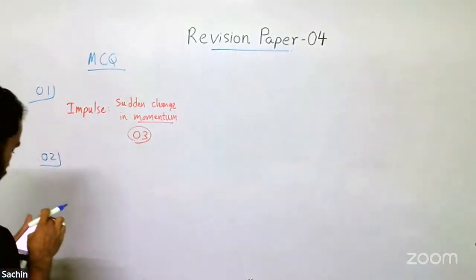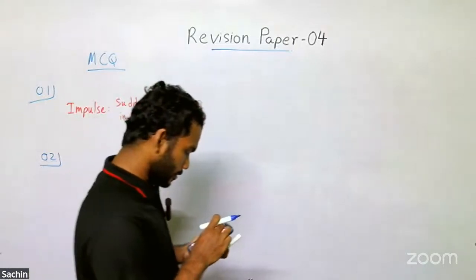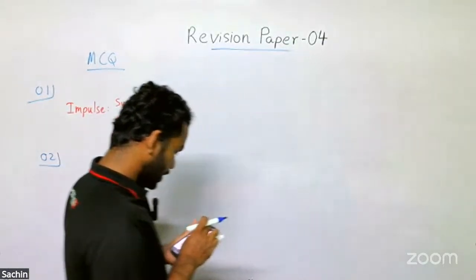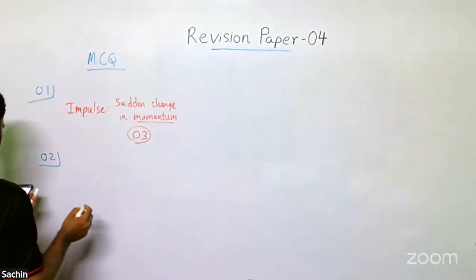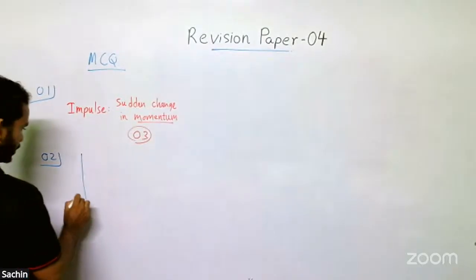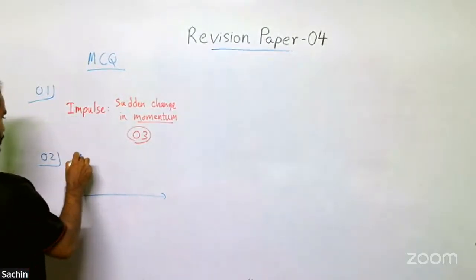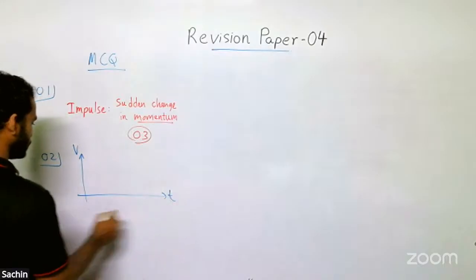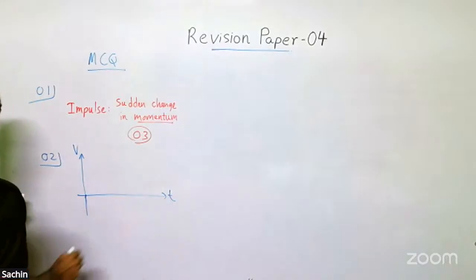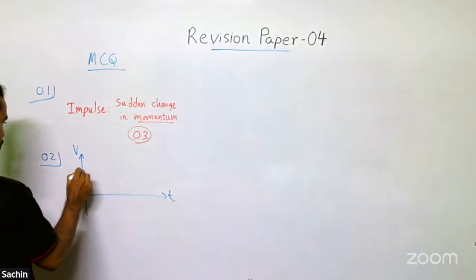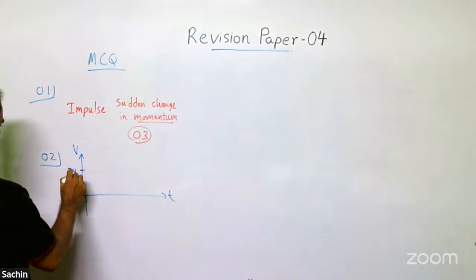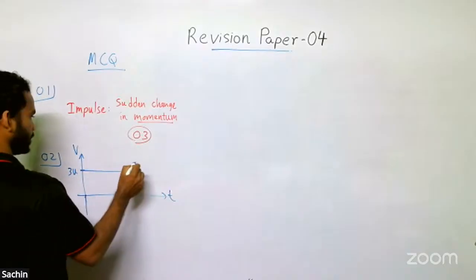Second one. Velocity time graph of two objects P and Q is shown in the graph. The variation of velocity of P relative to Q is best represented by. Okay, so velocities of P and Q are shown on the axis. Velocity of P is something like this.